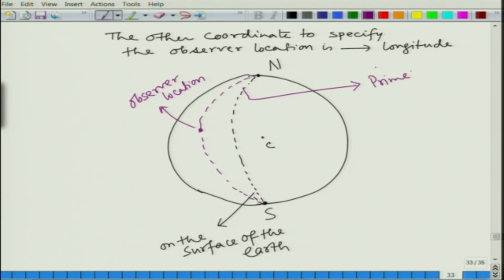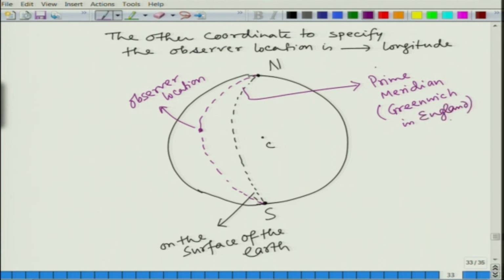Okay. So, let us say this is the prime meridian. Okay. And as Europeans started looking at this critically first, they had the monopoly of deciding which line, and this prime meridian goes through Greenwich, which is near London, in England.